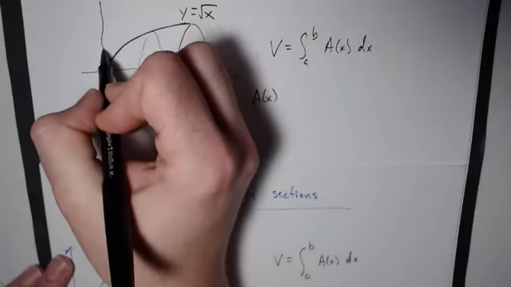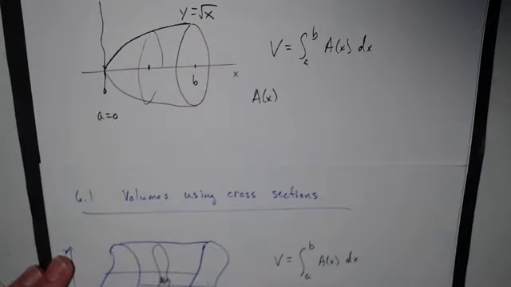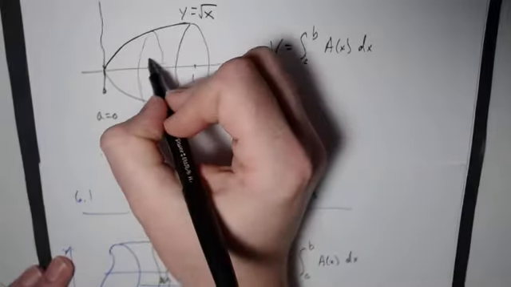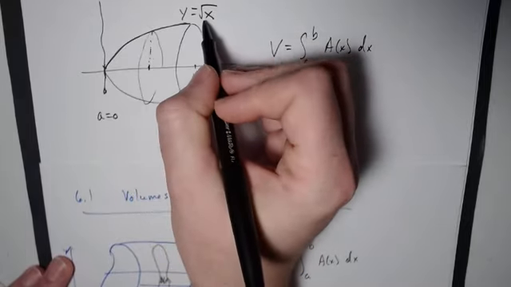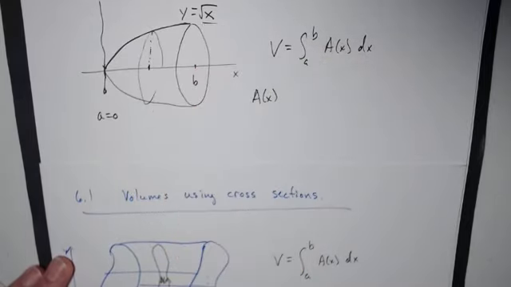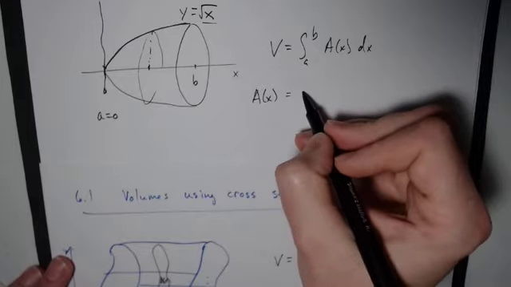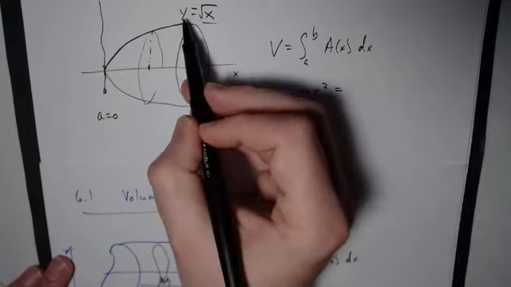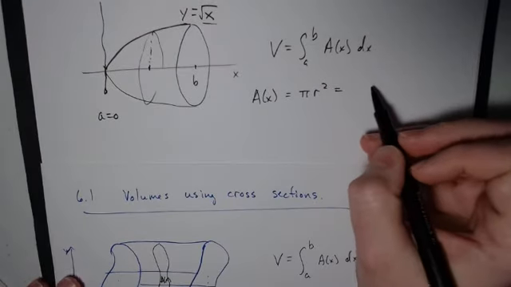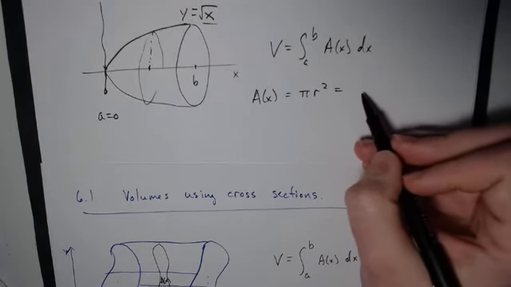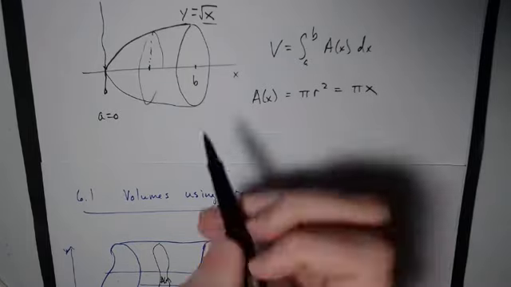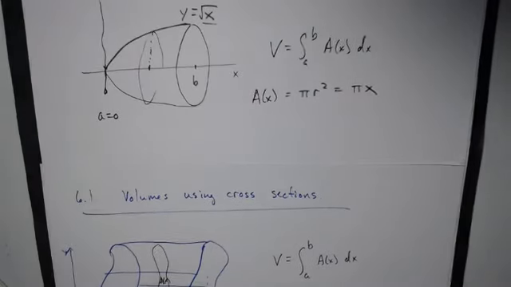So then I said we wouldn't worry about the y-axis, but I guess I'll draw it in. In that case, this height is your radius, and that for any given x is the square root of x. So the area of a circle is pi r squared, but r in this case is actually y. So this is just pi x when I plug in square root of x for my radius.